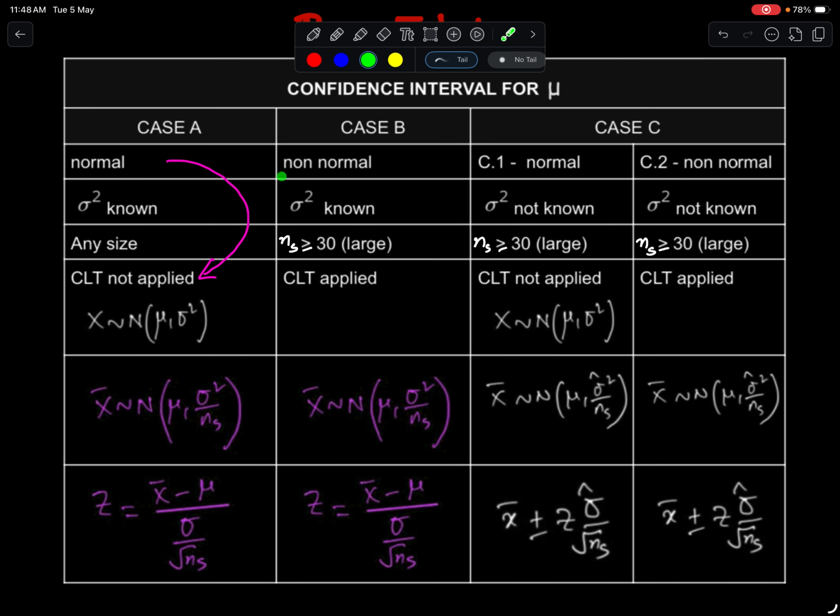Case B: population is non-normal, sigma square is known, sample size is large. Now if you combine these two, this is the application of CLT. Whether sigma square is known or unknown is not important, we always apply CLT.